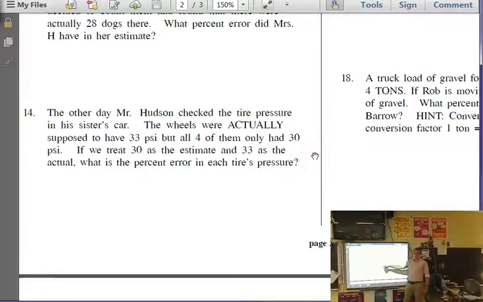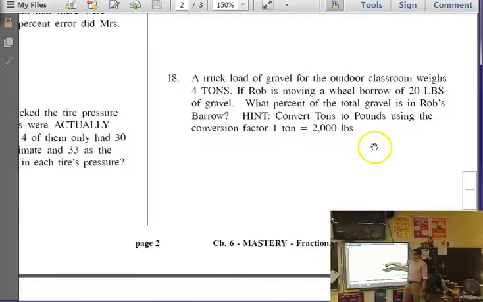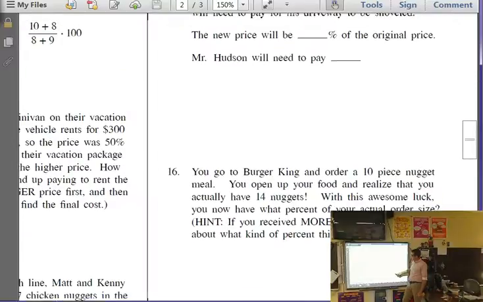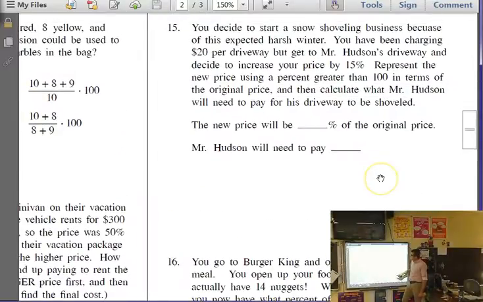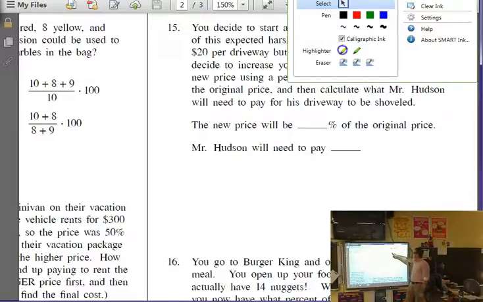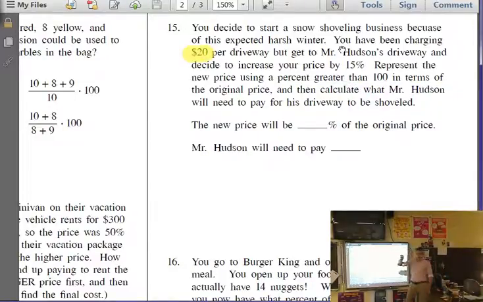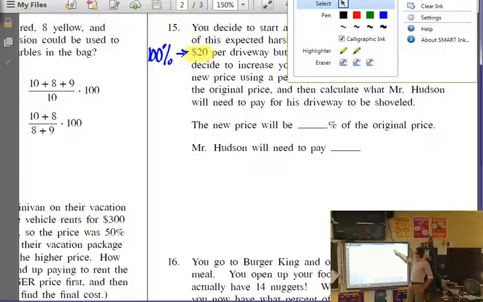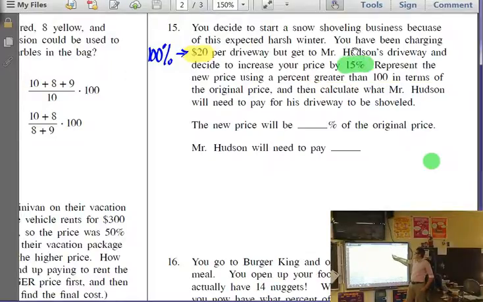So here, 30 and 33, it's the same process that we've done in 12 and 13. Now, this problem with the shoveling, a lot of people got goofed up on this. If we are charging $20 right now, you're charging $20 for every driveway that you shovel. That $20 is 100% of what you're charging right now. Then, when you get to my house, you decide that you're going to increase the price by 15%.